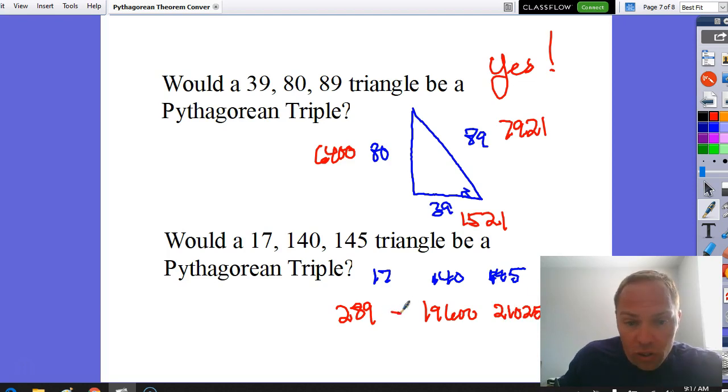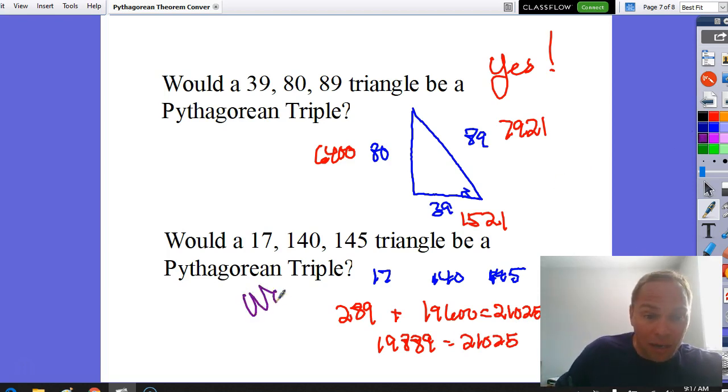Now, do these two things when added together make this? So 19,600 plus 289 is 19,889. So this says 19,889 is equal to 21,025. Yes or no? The answer there is a big fat no. This does not make a right triangle. Nope, not a right triangle.